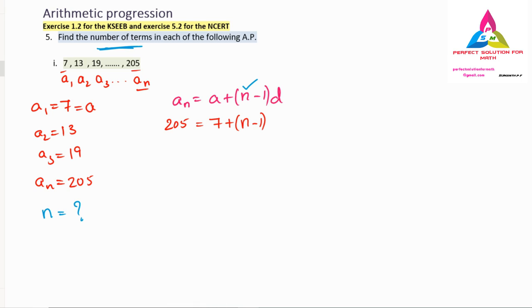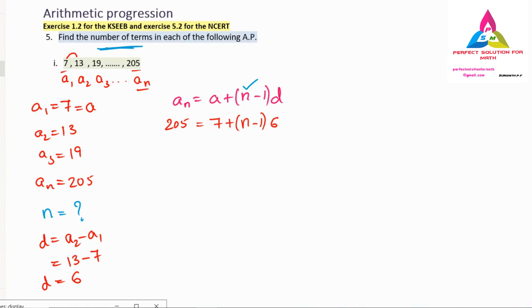But d we can find, because the first term and second term are given. d is nothing but a2 minus a1, that is 13 minus 7, which is 6. So d is 6, found by subtracting the first term from the second term.